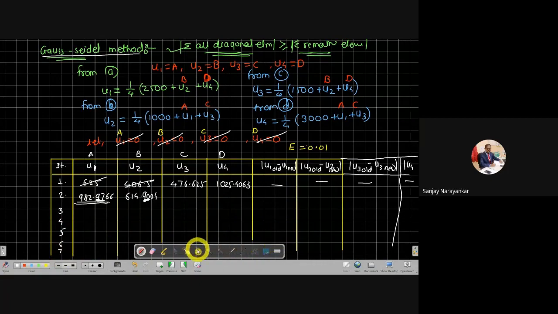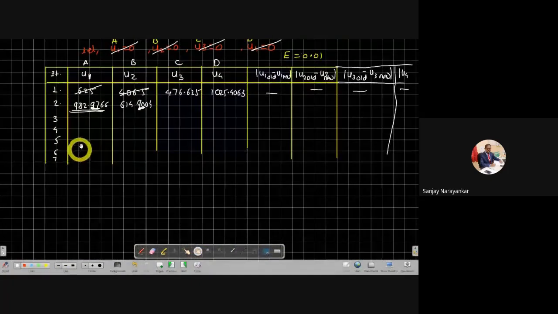कब तक करना है ये? Until you are getting this value repeating. For example, एक last value आ रही है.